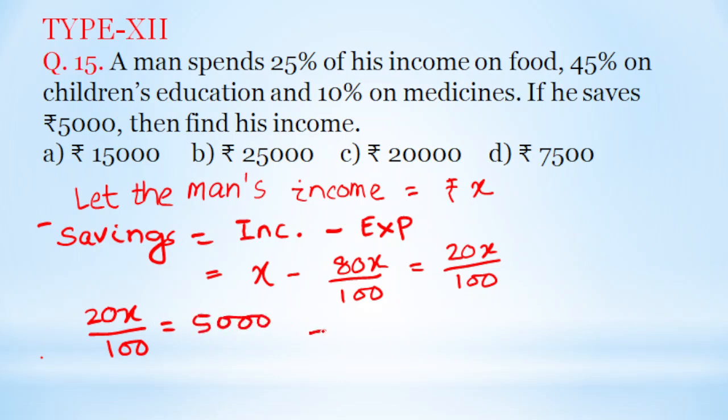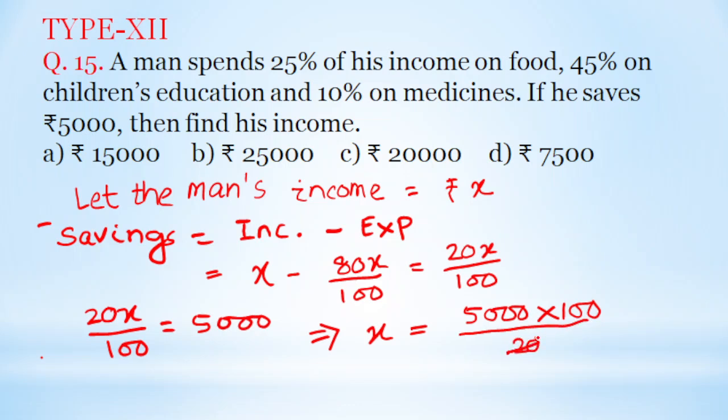This implies X is equal to 5000 into 100 by 20.